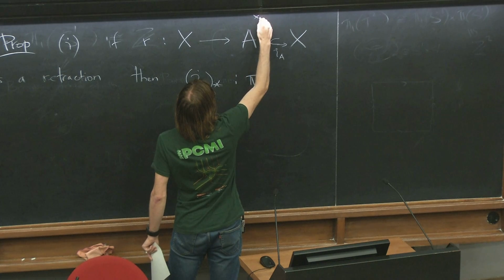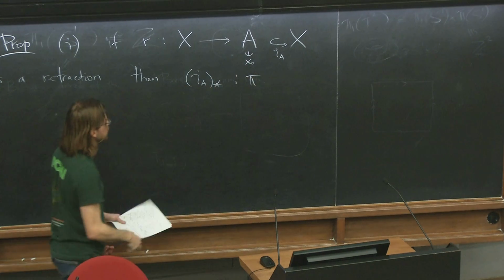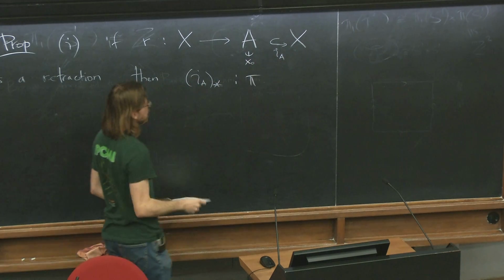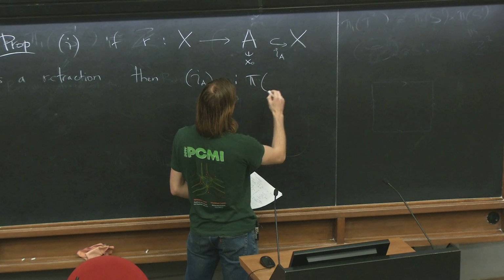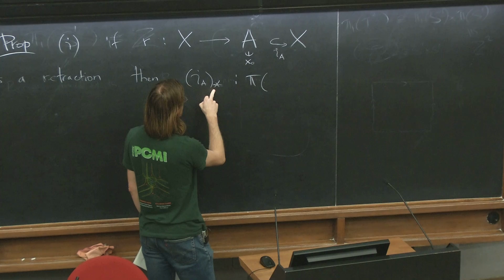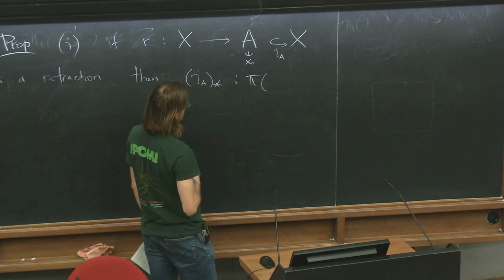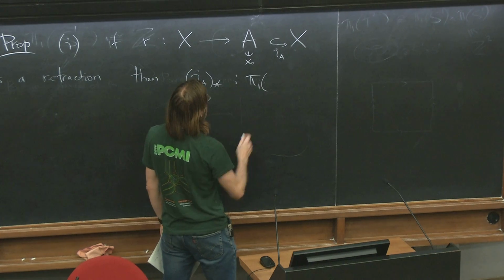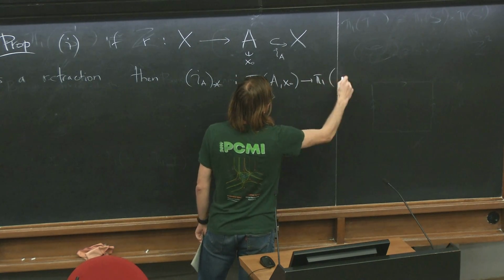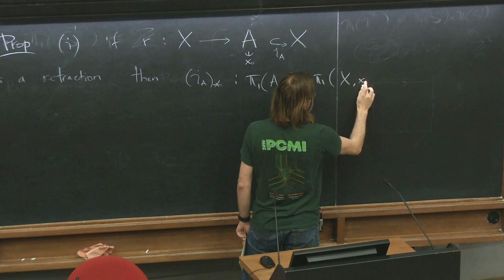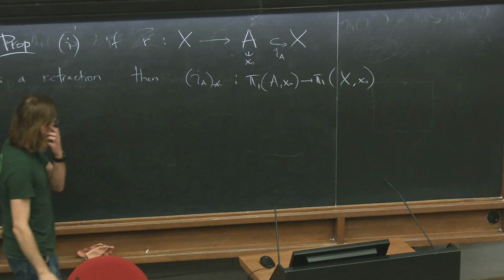Let me fix a base point x0, which can be considered as a base point both in A and in X, since A is a subspace of X. Then the push forward can be understood as a homomorphism from pi1 of (A, x0) to pi1 of (X, x0).